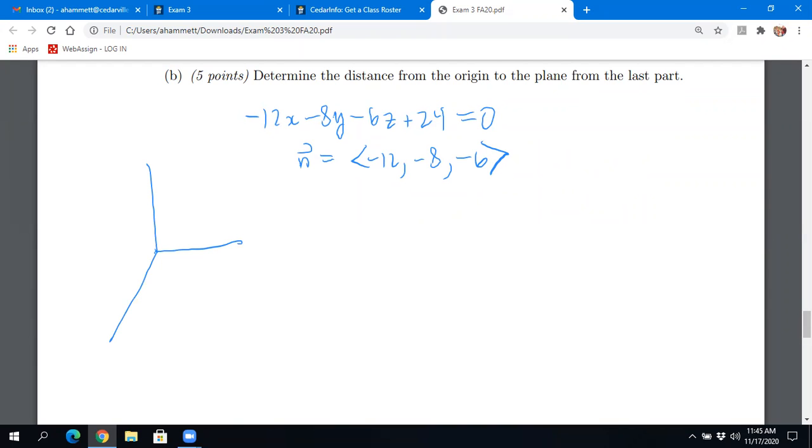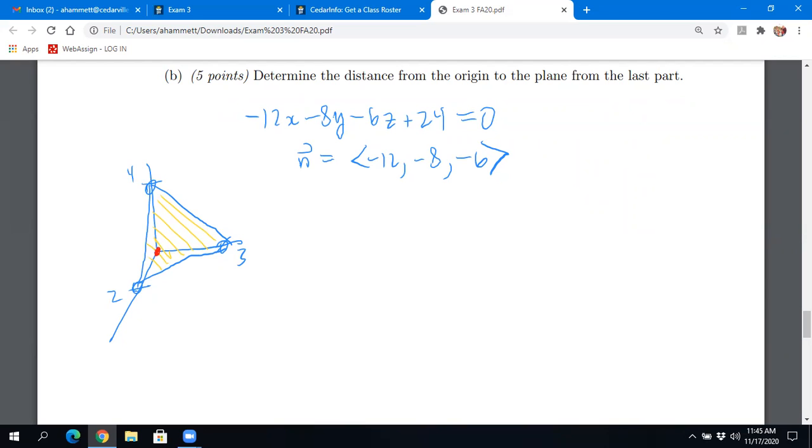So this was 2, and then 3 in this direction and 4 in this direction. And I want the distance. I'm just having to redraw this thing, unfortunately. Okay, and then I have this point here at the origin that I'm concerned with.